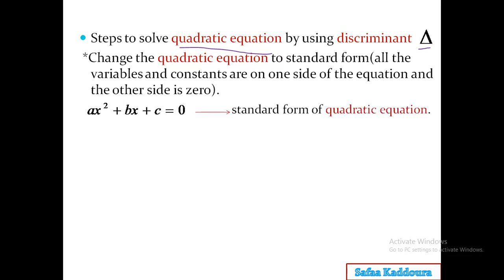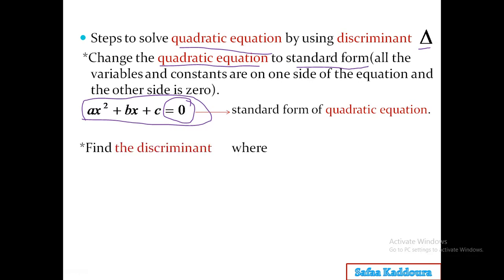First of all, change the quadratic equation to standard form. What I mean by standard form is to put all the variables and constants on one side and 0 on the other side, and the equation will become in this form: ax squared plus bx plus c equals 0. This is the first step.